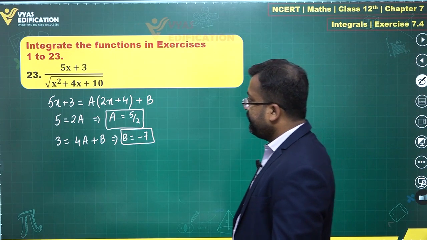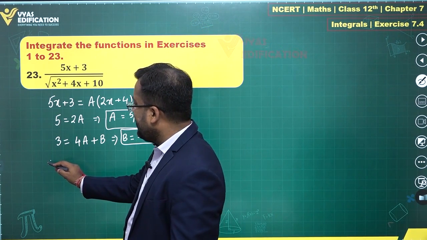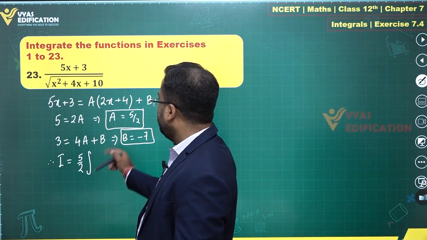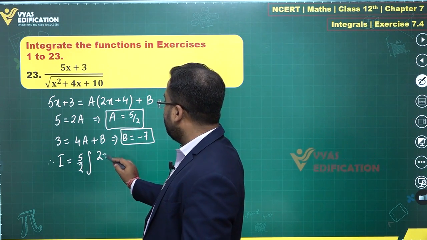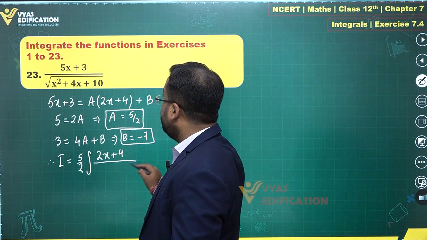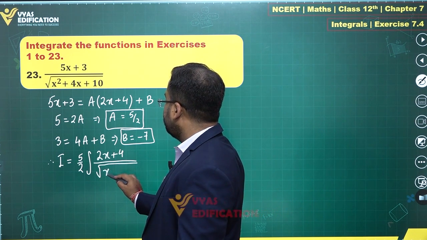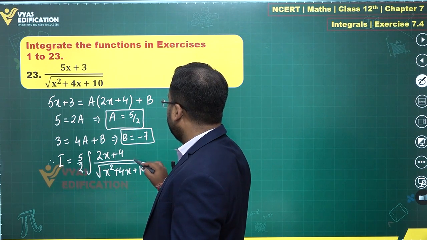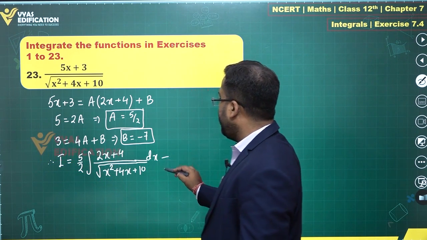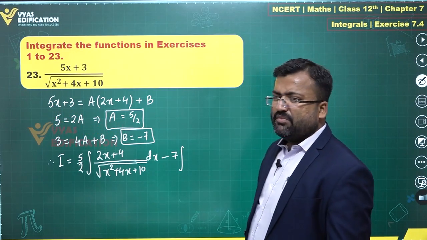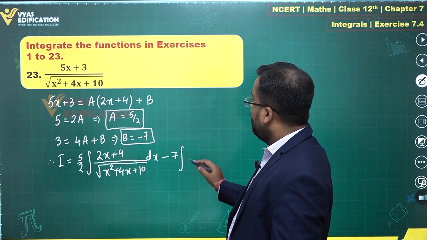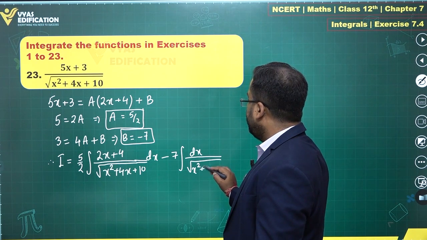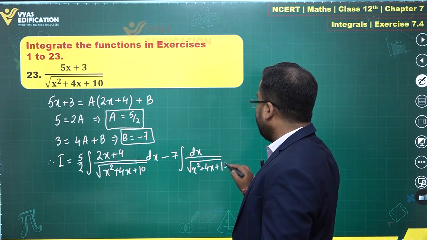After that, what next? So therefore, the integral I can be written as 5 by 2 times the integral of 2x plus 4 upon under root of x square plus 4x plus 10 dx, minus 7 times the integral of dx over square root of x square plus 4x plus 10.